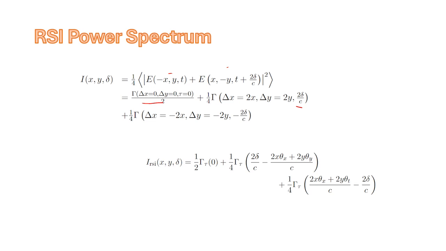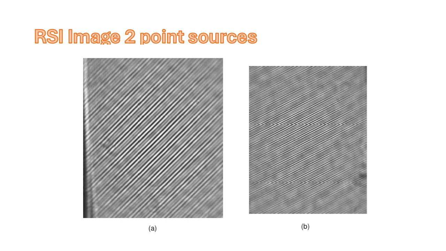So that can be analyzed to recover the full cross-spectral density W of delta x, delta y, and nu by analyzing the Fourier transform of gamma with respect to delta. For example, if you have a single point source, what you would see would be a cosinusoidal modulation.